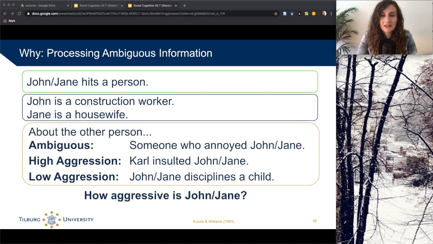So basically what we can do is we can assess the cognitions that are going on while people stereotype, and what we would expect is that if we look at general ambiguous behavior, so for instance, hitting the person, someone who annoyed them, then this should have a big effect on stereotypical construal. But if we have a more specific type of behavior, so the high or low aggression type, then for instance, disciplining a child, then there should be a smaller effect on stereotypical construal.